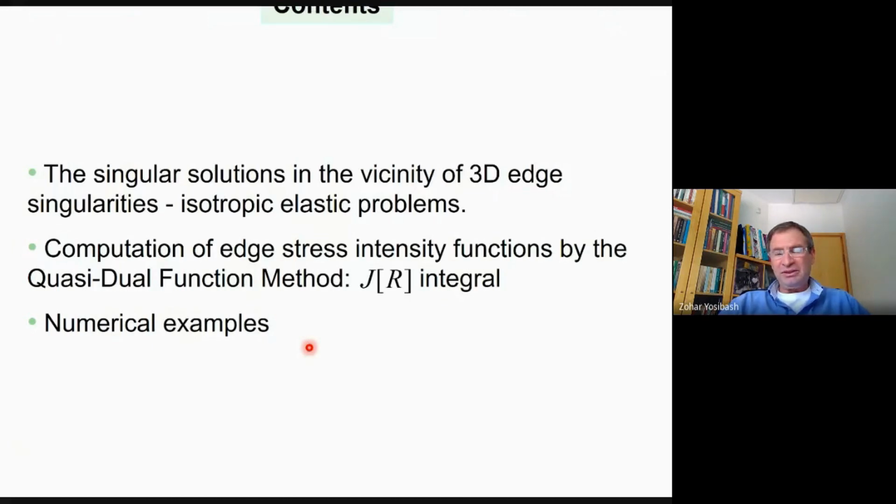I will start with a simple problem, the Laplace equation, which is the elliptic equation, just to give you the methodology. Then, after I present how the solution looks, I will show a method to compute these stress intensity functions by what has been baptized the quasi-dual function method. And after these two things, I will show some numerical examples to demonstrate how these methods can be used in practice.